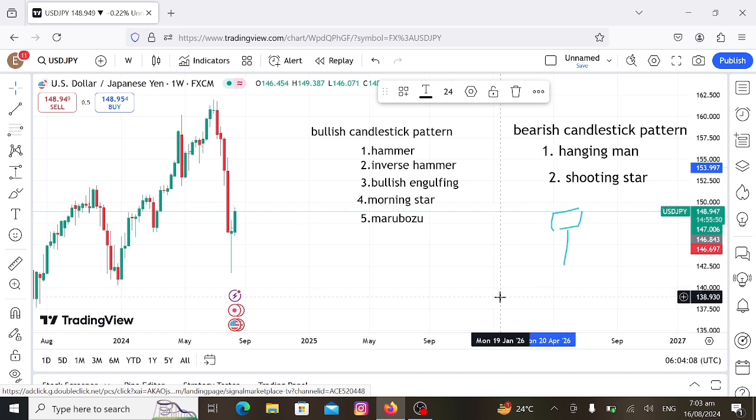The shooting star is the same shape as the inverted hammer, but it forms in an uptrend. It has a small weak body and a long upper wick.